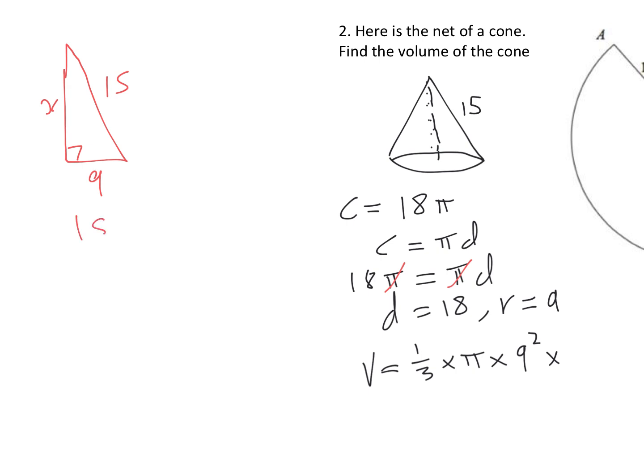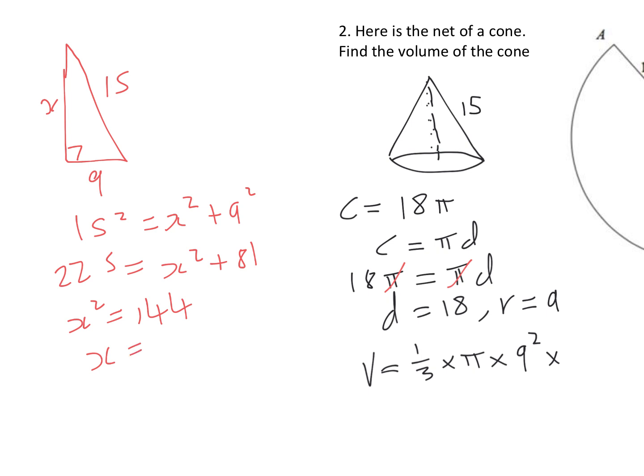Pythagoras' theorem says that 15 squared is x squared plus 9 squared. That's 225 equals x squared plus 81. So x squared is 144, and x then is the square root of 144, which is 12.